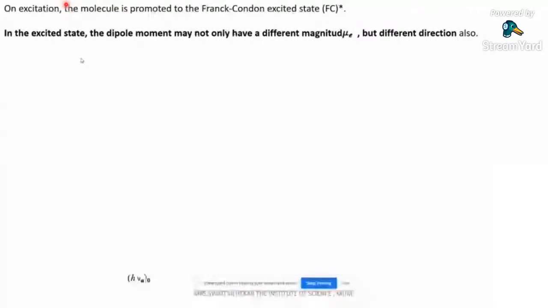Now, on excitation, the molecule is promoted to the Franck-Condon excited state, and in that excited state the dipole moment may have not only a different magnitude but also a different direction.